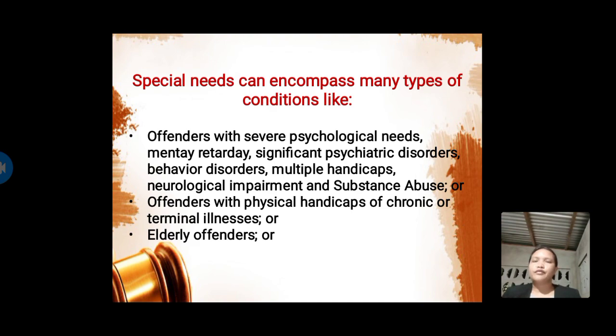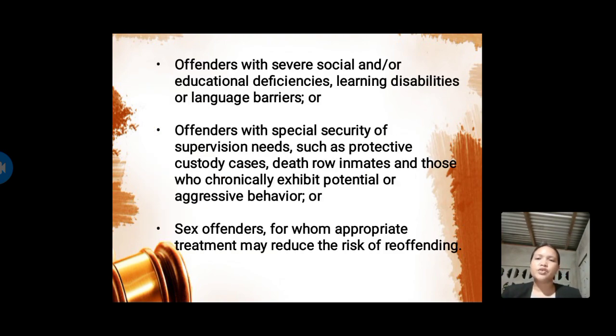So we have many types of conditions, like offenders with severe psychological needs, mental retardation, significant psychiatric disorders, behavior disorders, multiple handicaps, neurological impairment, and substance abuse, or offenders with physical handicaps, chronic or terminal illnesses, or the elderly offenders, or offenders with severe social and or educational deficiencies, learning disabilities, or language barriers, and many more.